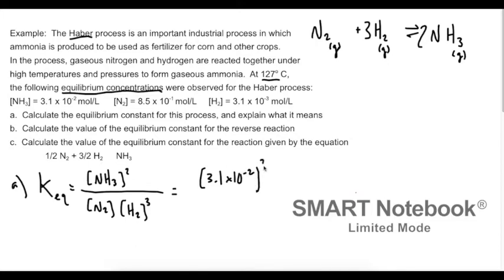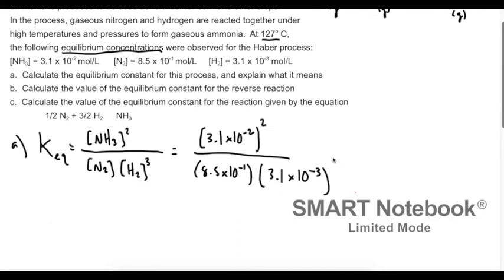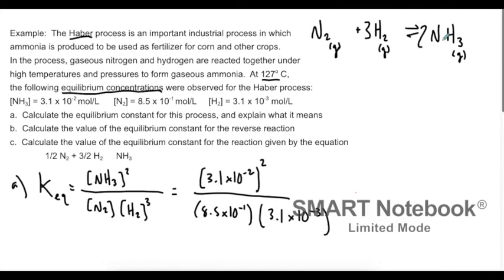And I got to square that, divided by the concentration of N2 at equilibrium, raised to the first power, and then the concentration of hydrogen. And I need to raise that to the third power because hydrogen's stoichiometric coefficient was 3.